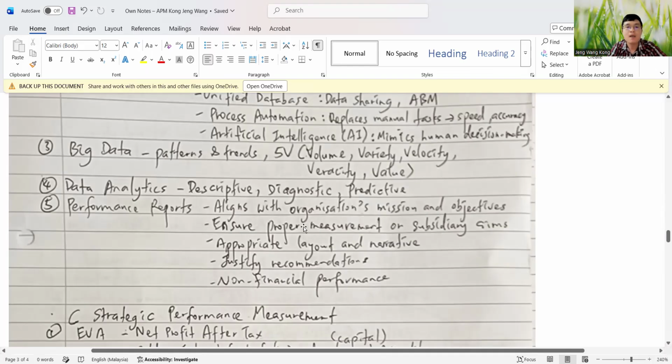Performance reports align with the organization's mission and objectives, ensure proper measurement on subsidiary activities, appropriate layout and narrative, justify recommendations, and include non-financial performance. So this is the area under performance reports.